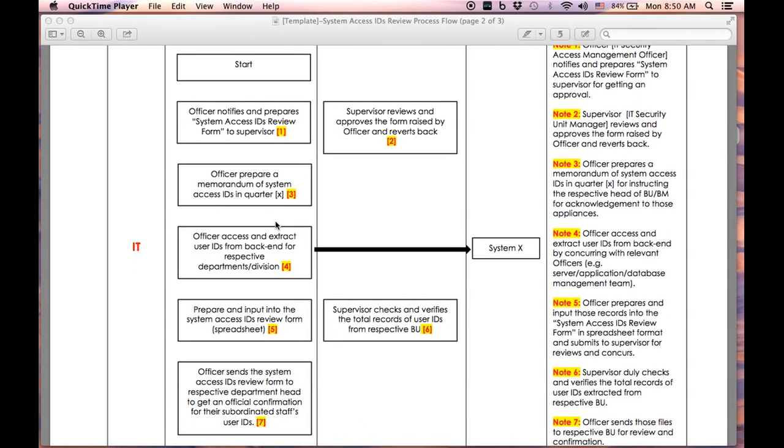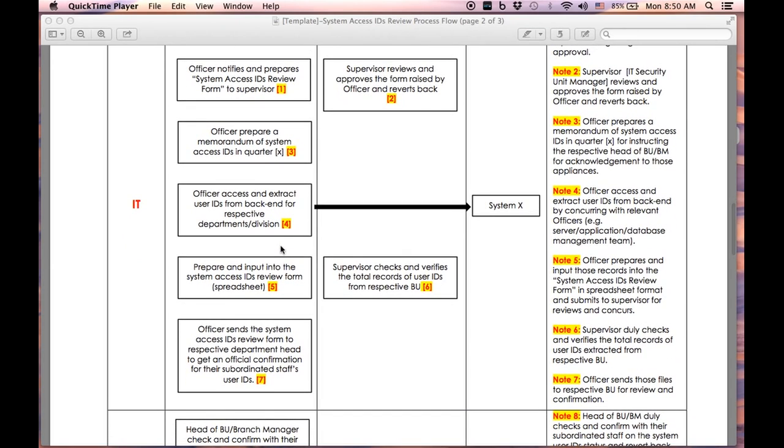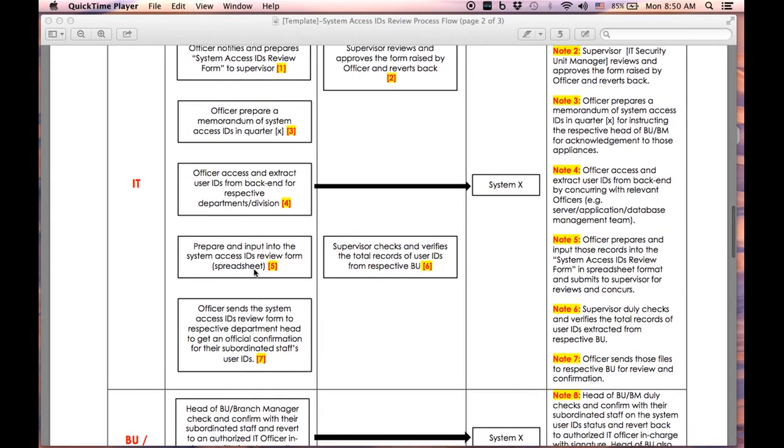And the next step, the officer accesses and extracts the user ID from the backend for the respective department and division. This is just an area that we need to address. Some processes require logging into the system. System A, just for example, they access the system to extract the record or transaction to show on the form. The next step, prepare and input into the system access ID review form in the spreadsheet.